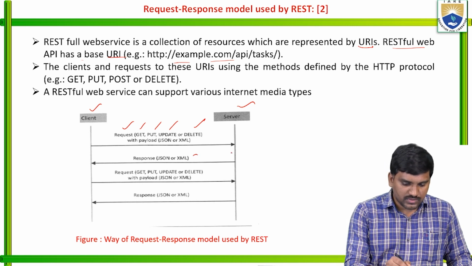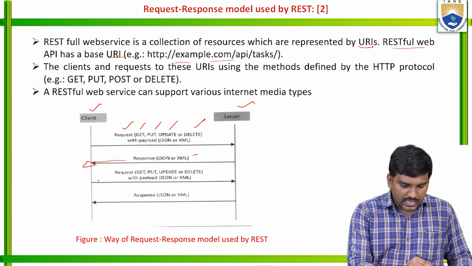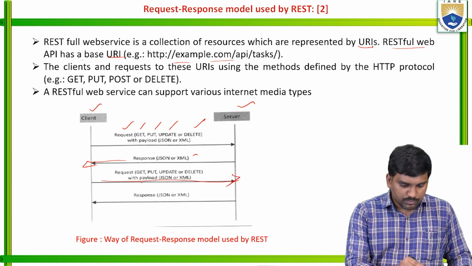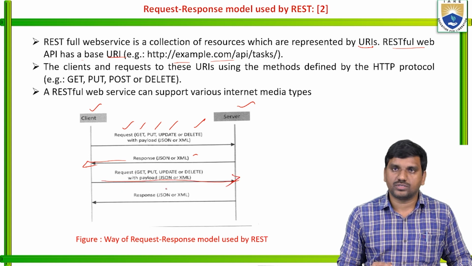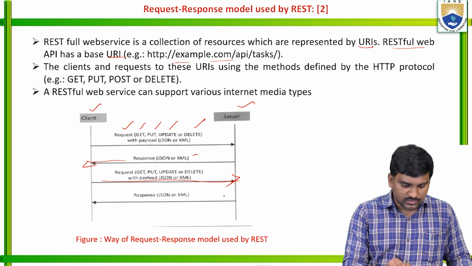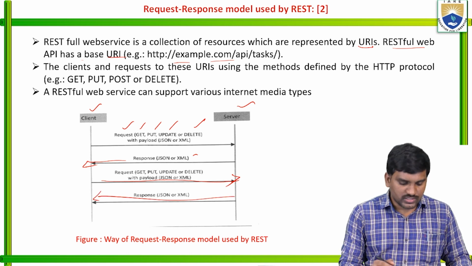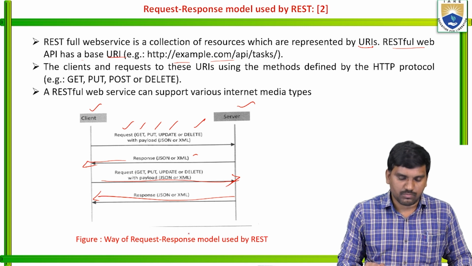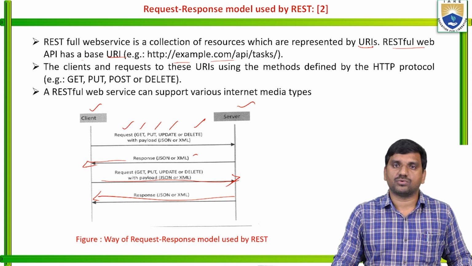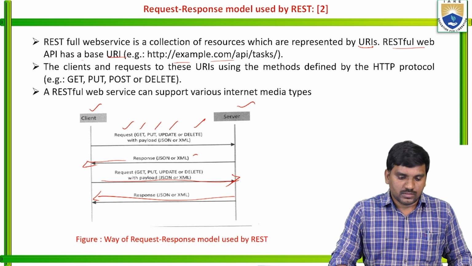The same response comes from the server; again a request to the payload by using methods get, put, update, delete. Finally, we get the response from the server. So this is the way of the request response model used by the REST protocol.